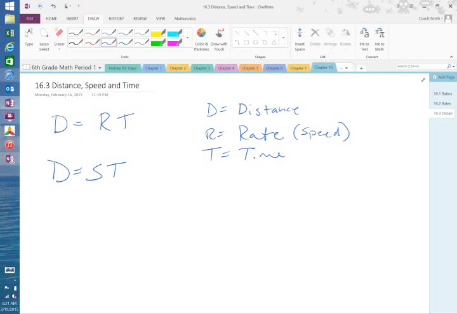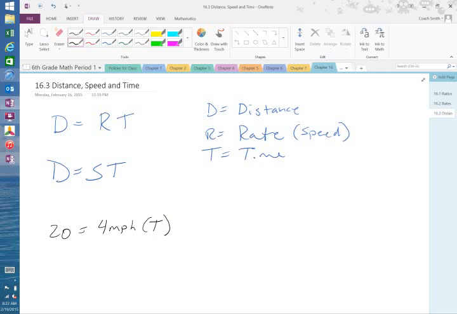Okay, and so as we look at this, I want to show you a couple of different things on how we can come up with a different formula for each thing that we're looking for. So let's say our distance was 20, and let's say our speed was 4 miles per hour, but we don't know how much time it took.